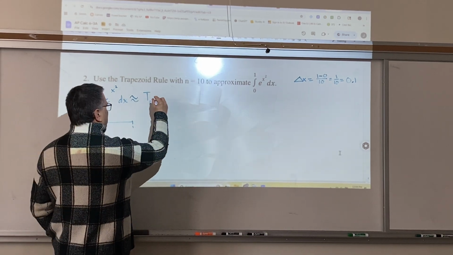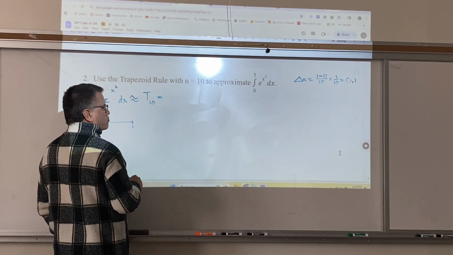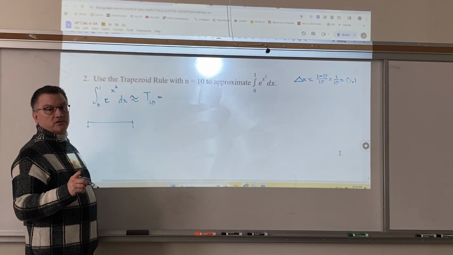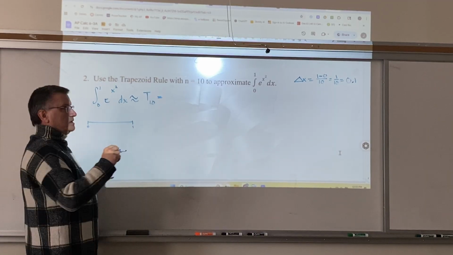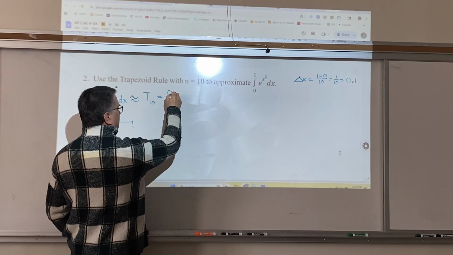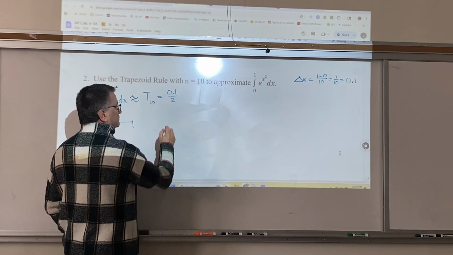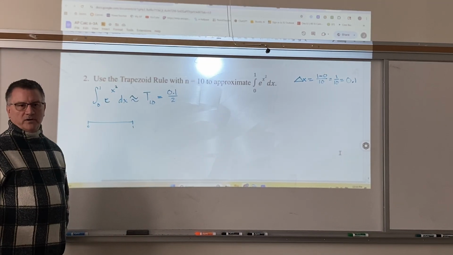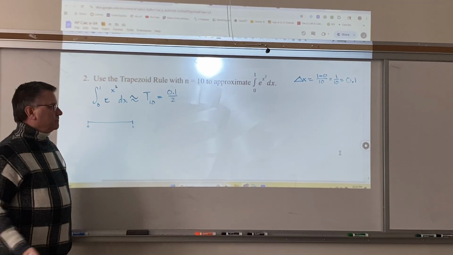I'm using the trapezoid, I'm using each side twice. So I got my change of x, 0.1 divided by 2. I know that's 0.05, but the calculator's going to do it.